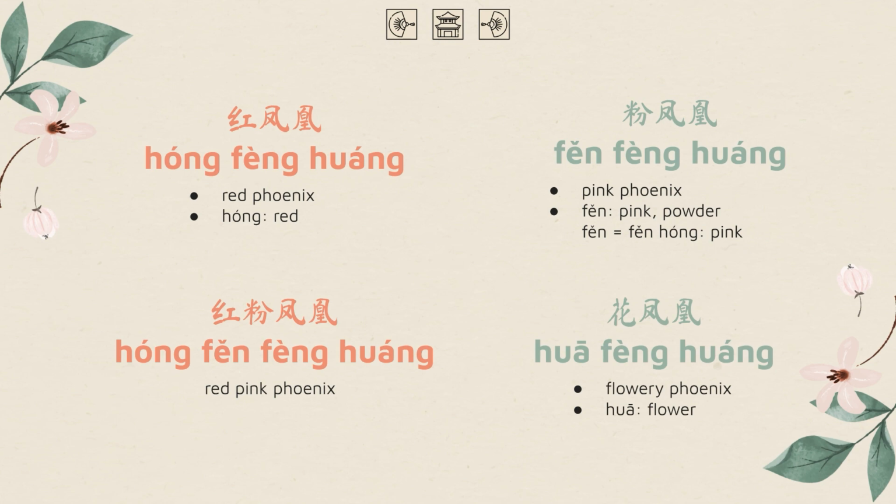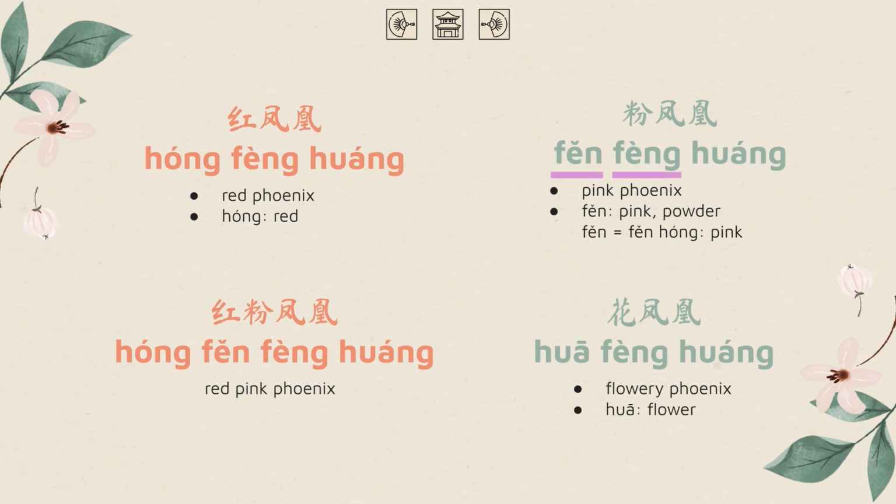花凤凰. 花 by itself means flowers. 我很喜欢花. I really like flowers. But you can also use 花 sometimes as an adjective to describe a flowery something. So here it's a flowery phoenix. 花凤凰. So let's read the last two lines together. 红凤凰, 粉凤凰, 红粉凤凰, 花凤凰.